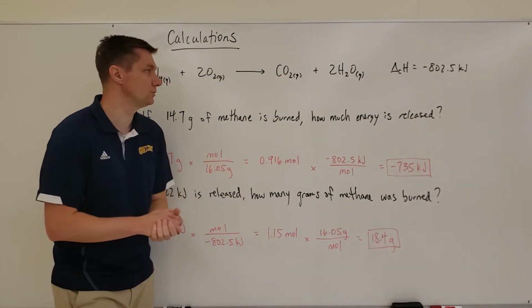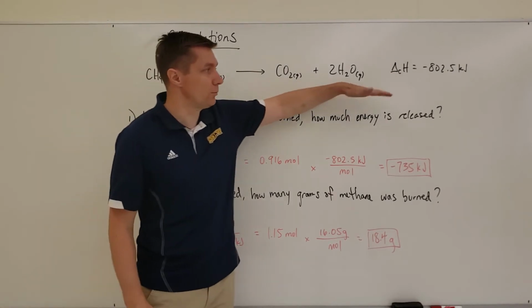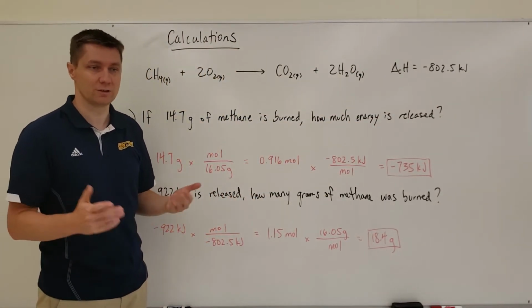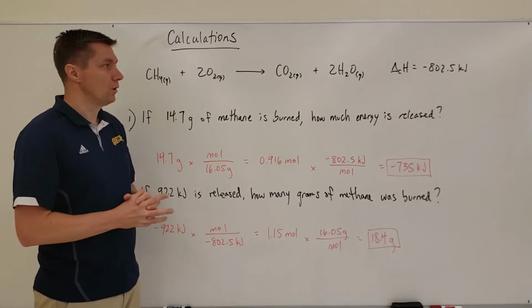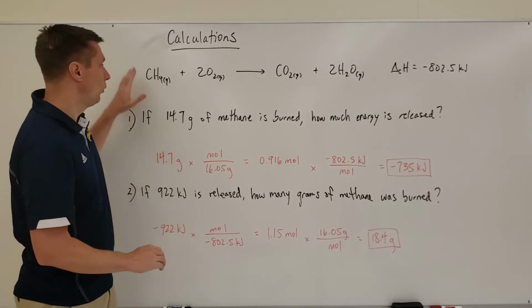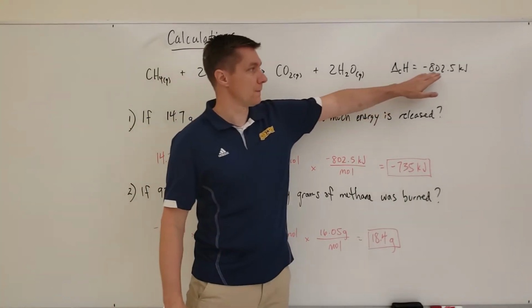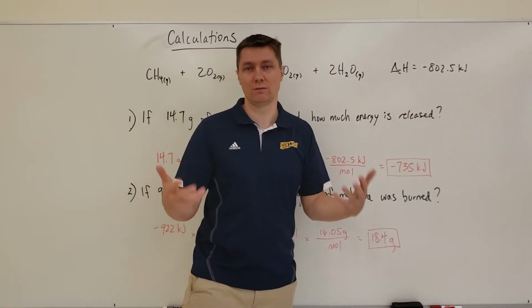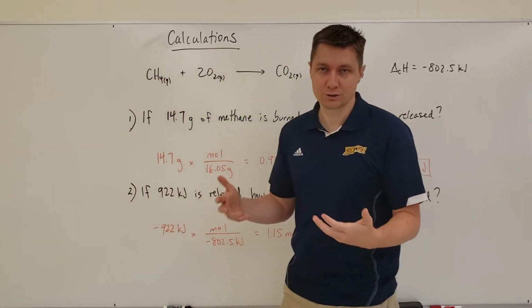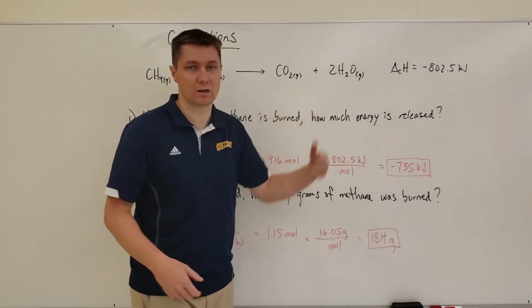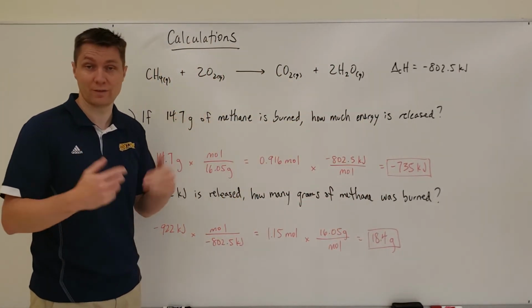So you get the drift of this. 2 moles of water vapor would make 802.5 kilojoules of energy released for this reaction. So what we can say with this chemical equation is that 1 mole of methane makes this much heat. We can use this information if we're asked questions about methane particularly, or about carbon dioxide or water or oxygen for that matter.